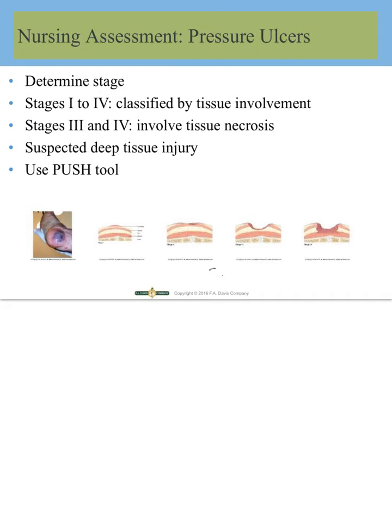Stages 3 and 4 involve actual tissue death. The push tool is an assessment guide that helps you to document, and you can find that in your Volume 2 book. I would go to page 910 and look at the various pictures.